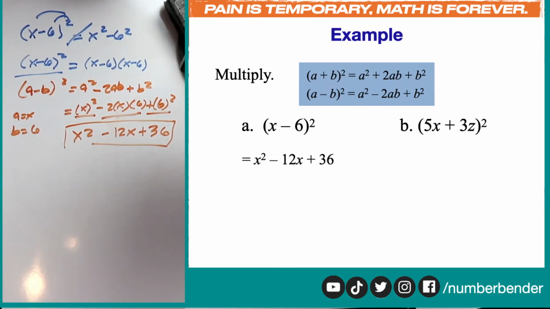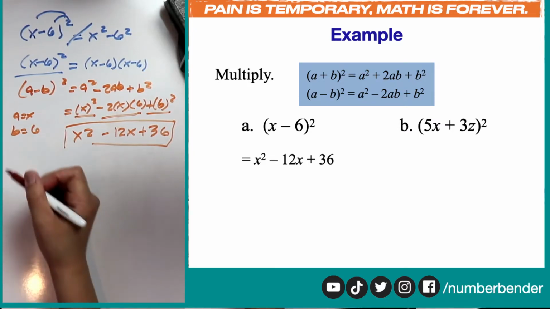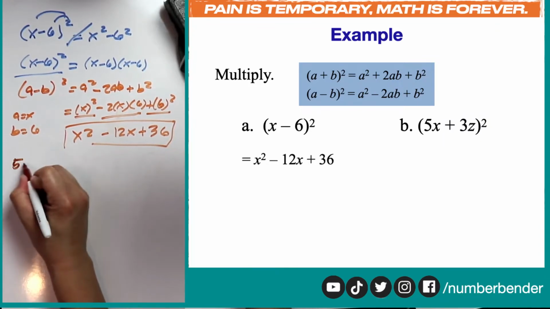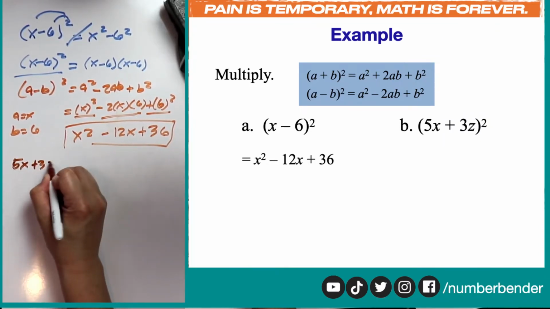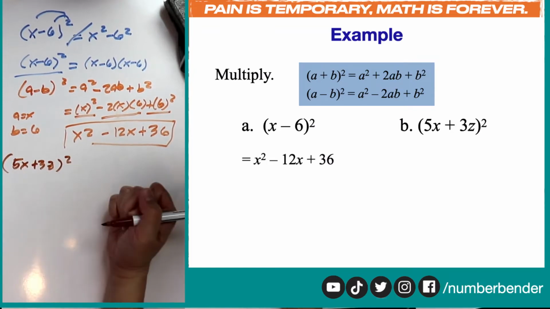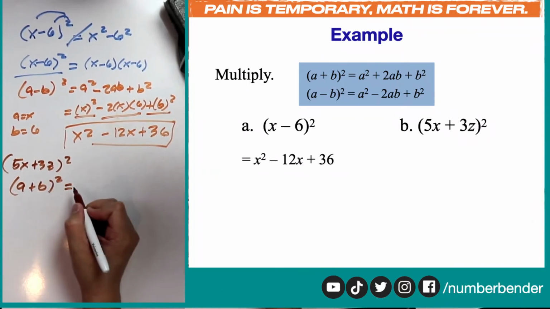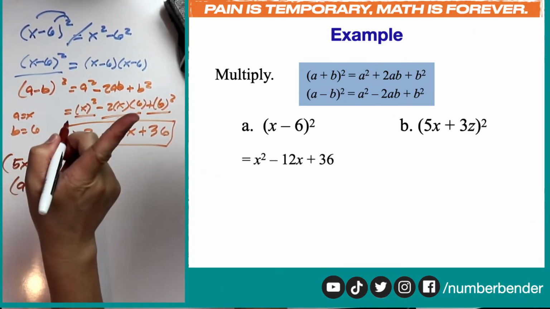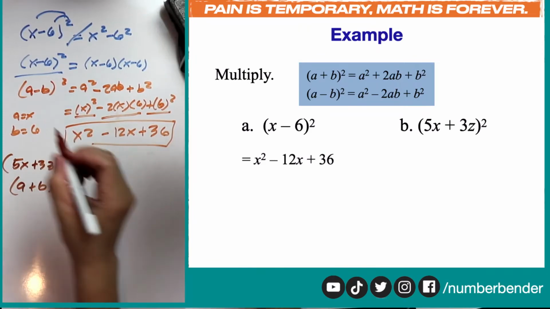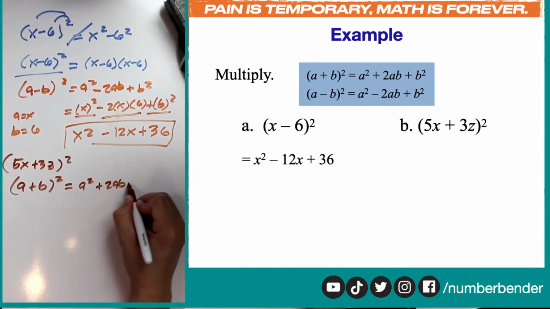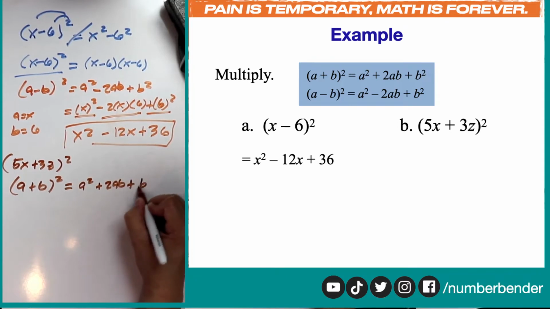And let's see if we can also apply this to our second example, which is 5x plus 3z quantity squared. In this case, we're going to be using a plus b quantity squared. According to the formula, a plus b quantity squared is the square of a plus twice ab plus the square of b.